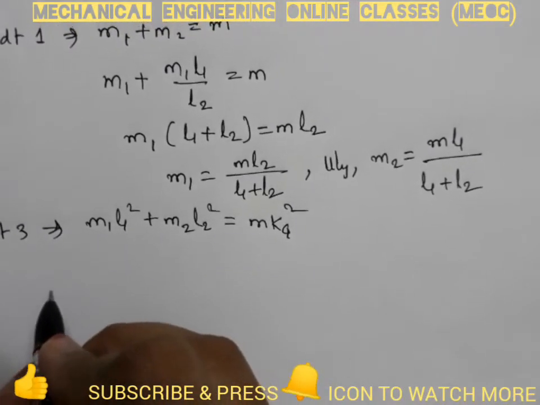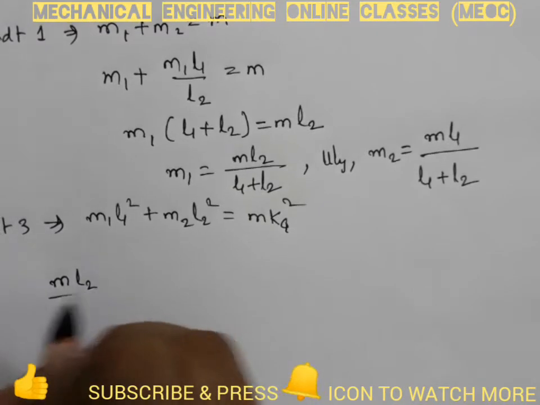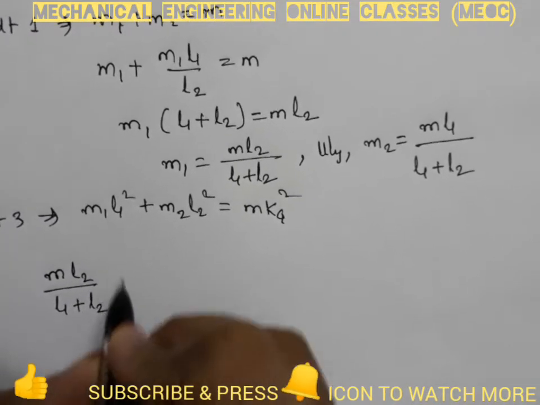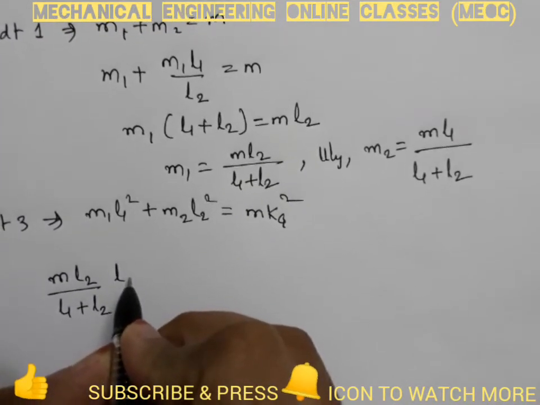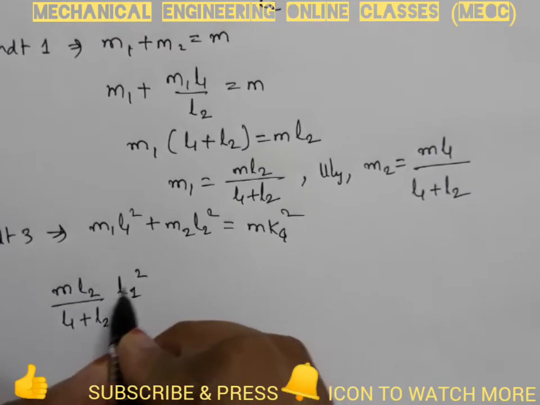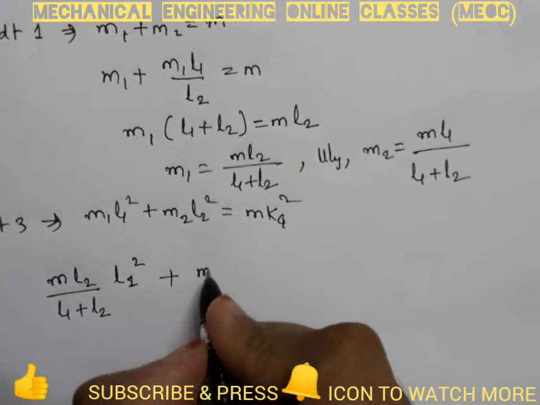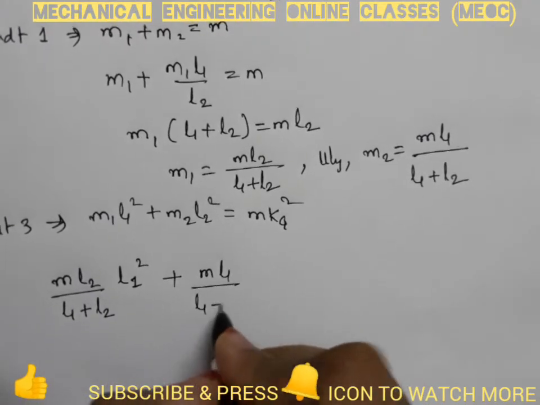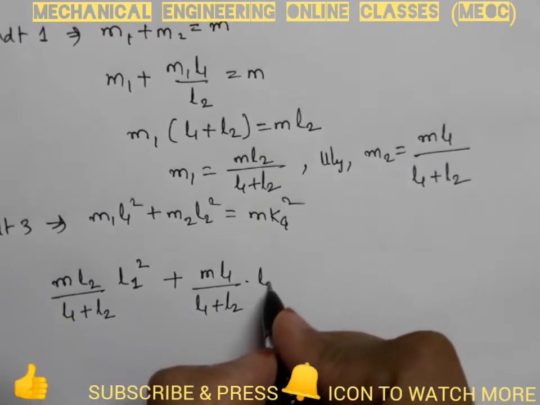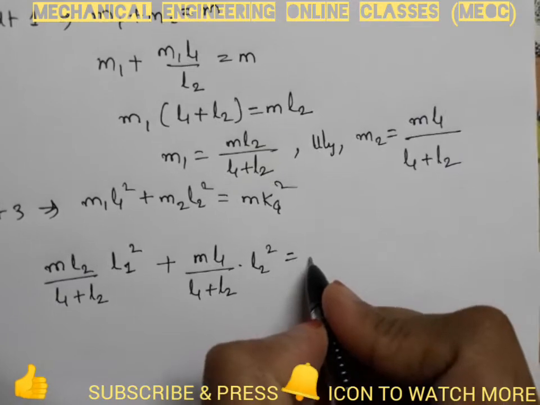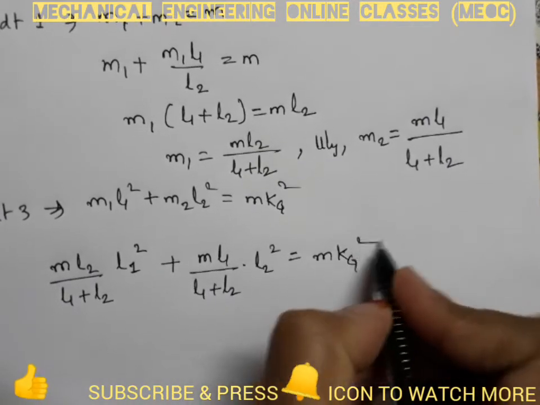We will have ML2 by (L1 plus L2) into L1 square, plus ML1 by (L1 plus L2) into L2 square is equal to M kg square.